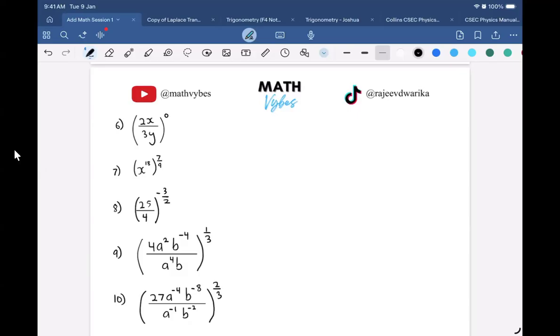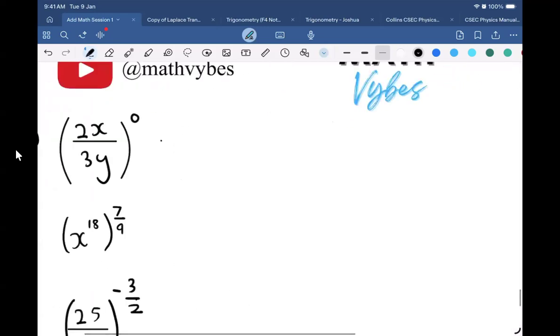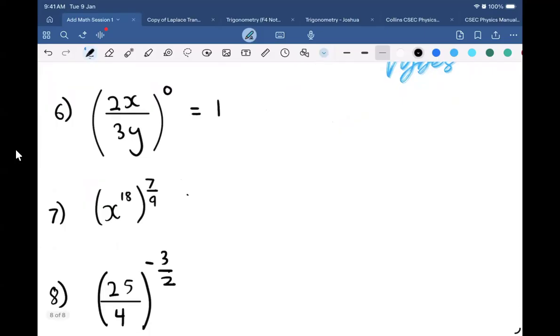So here, let's start, right, Shay? The first one is really straightforward. You have something to the power 0. So that whole thing is just going to be what? 1. That whole thing is just going to be 1, right? For question 7, we have x to the power 18, to the power 7 over 9.